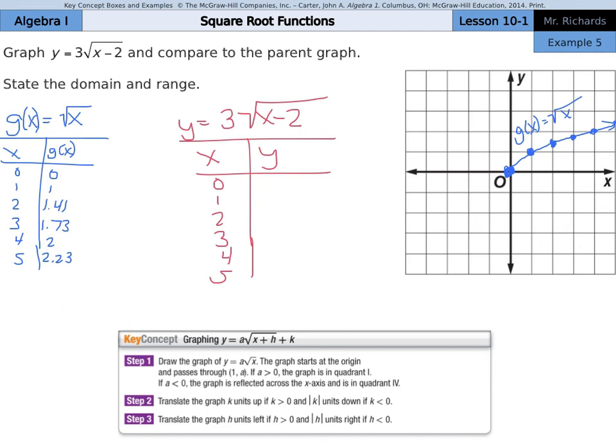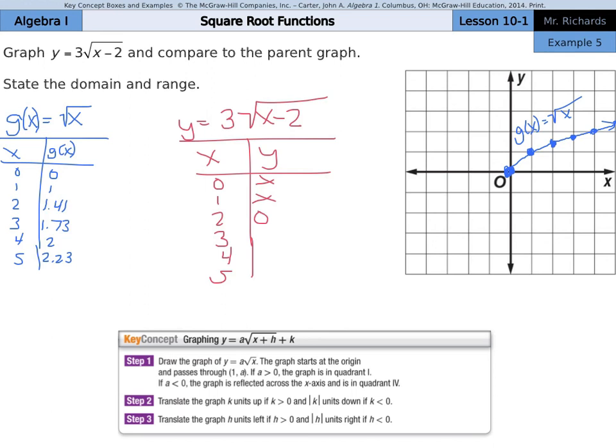When we put 0 in, 0 minus 2 is negative 2, and we can't have a negative square root right now, so that doesn't mean anything right now. Put in 1, 1 minus 2 is negative 1. That won't work either. We finally put in 2, and 2 minus 2 is 0, and the square root of 0 is 0, and 3 times 0 is 0, so 2 gives 0.